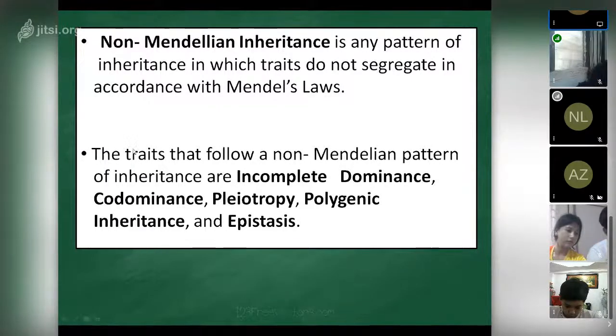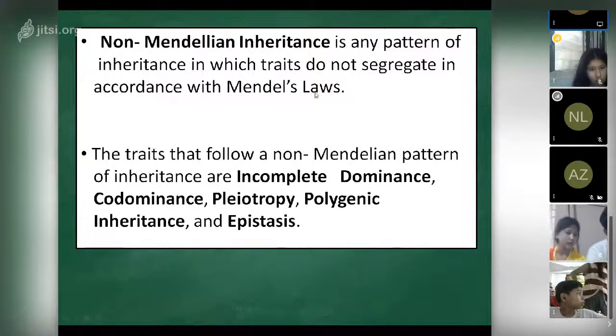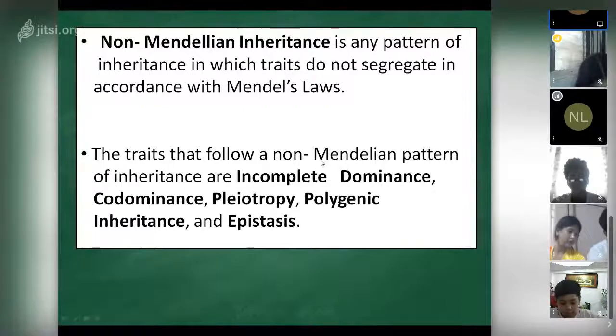Again, this non-Mendelian inheritance applies where traits do not segregate in accordance with Mendel's law. The traits that follow a non-Mendelian pattern of inheritance are what we call incomplete dominance, codominance, pleiotropy.